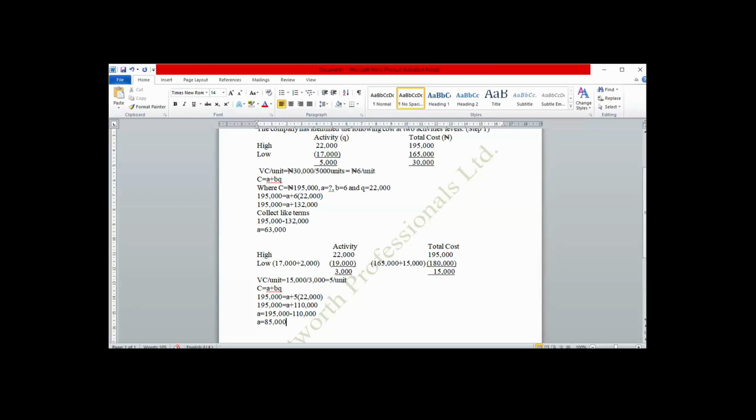Is it clear? Yes, sir. Here we can say that fixed cost is equal to 85,000, and variable cost per unit is equal to 5 naira.